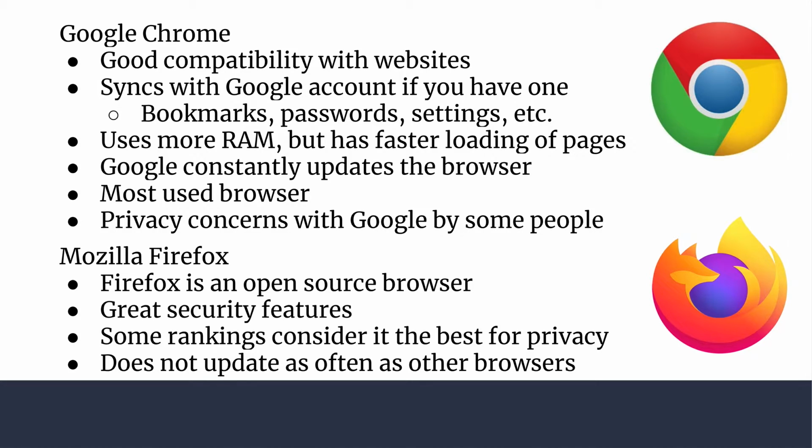So let's say you have a home computer and a work computer. You could log into your Google account on one computer, have all your bookmarks there, and then on a separate computer, if you want to log into your Google account, all your bookmarks will show up regardless of what computer you're using.